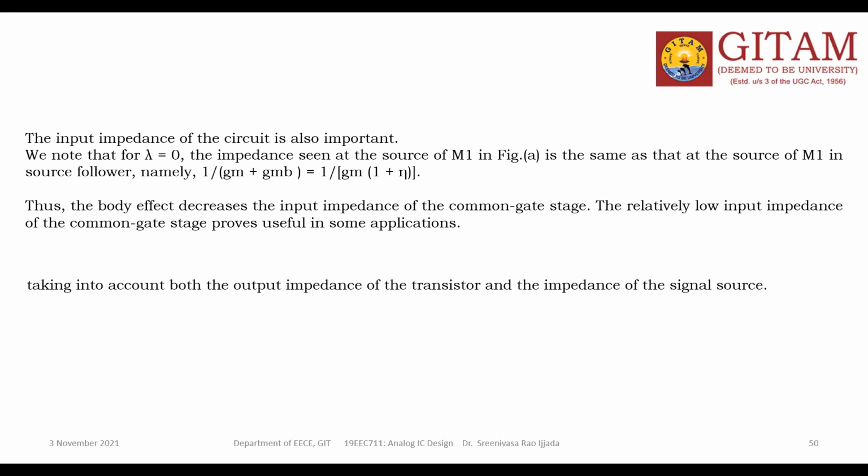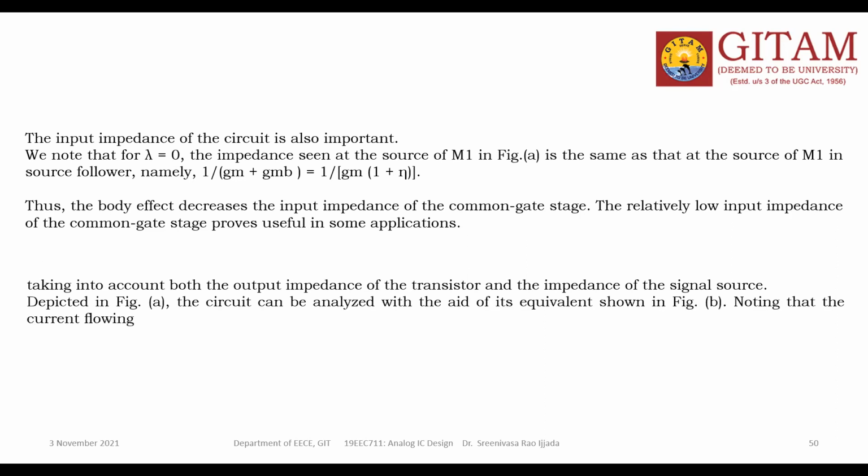Whatever source you are applying, every practical source, whether current source or voltage source, will have some internal impedance. It can be represented in series with the voltage source and in parallel with the current source. So taking this into account, if you consider both.